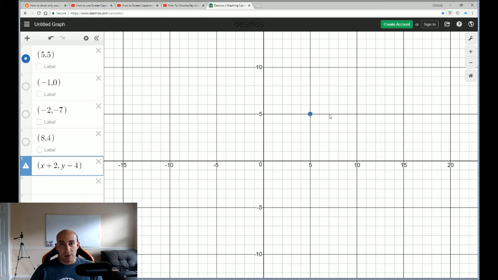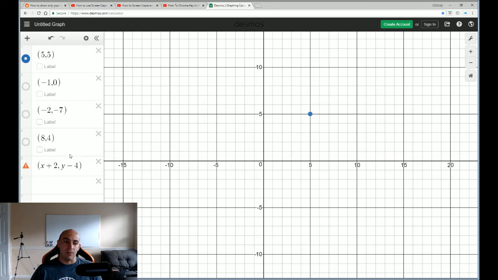I don't want to make a point yet, because that's only a 2 unit right translation. The original translation was 2 units right and 5 units up, so I take a turn and go up 1, 2, 3, 4, 5. My new point is right here, and that new point is 7, comma 10. Okay, so that's directions with translations.